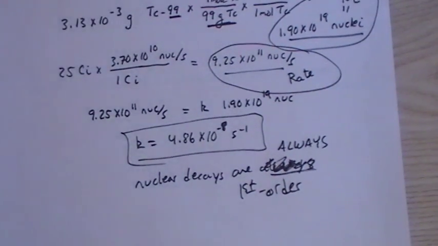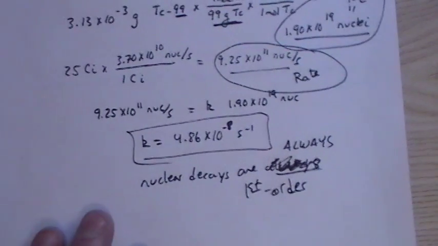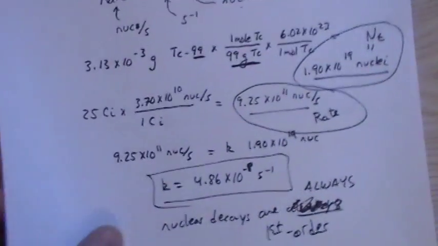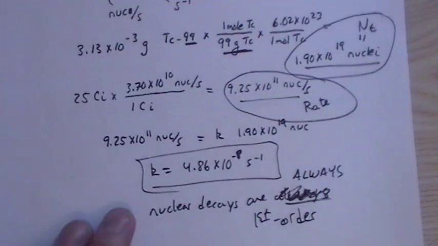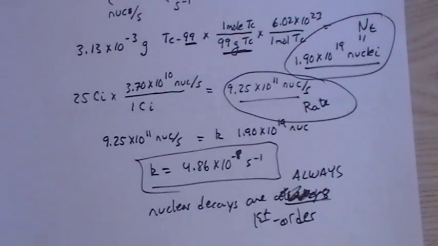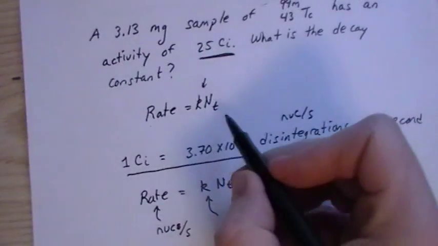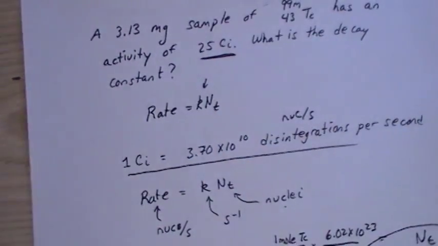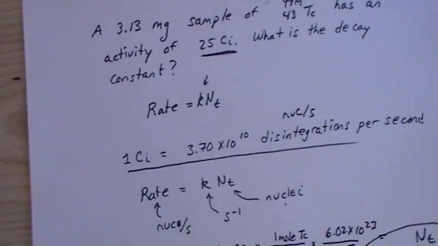So we only have to deal with 1/3 of the equations that we had from that chapter. But the same equations work. We just call this the nuclear decay constant rather than the rate constant. We just make little changes like that.